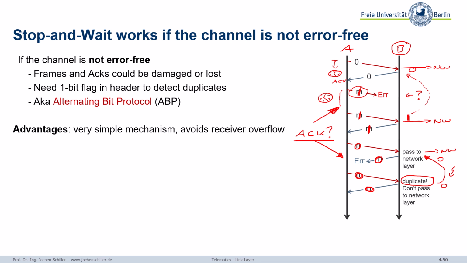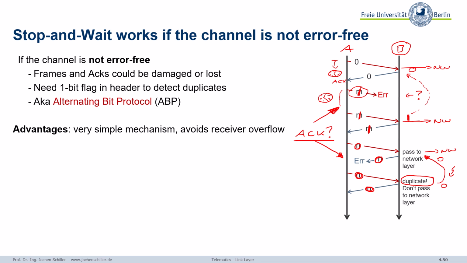So you see, by using a 1-bit sequence number, just a 1-bit flag, we can detect duplicates. Again, the problem is A, as a sender, cannot distinguish between frame dropped, so B never saw the frame, and the situation acknowledgement dropped, so B saw the frame, it's just the acknowledgement that got lost.